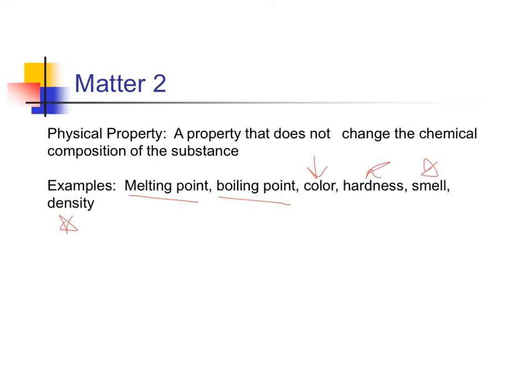Did it refract light? Those are all physical properties. You're not changing anything. You're just looking at it, such as holding it in your hand. Physical properties are ways to identify the substance through your senses, but really just looking with your eyes, because we know that we're not supposed to taste the chemicals.